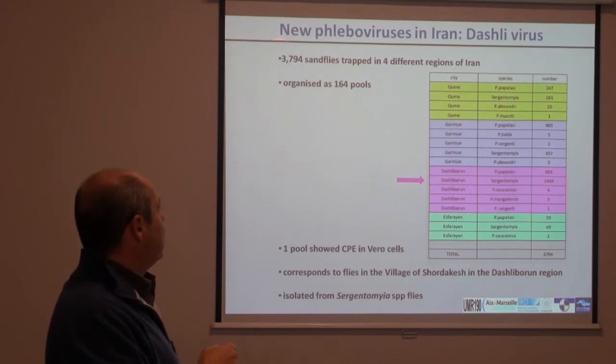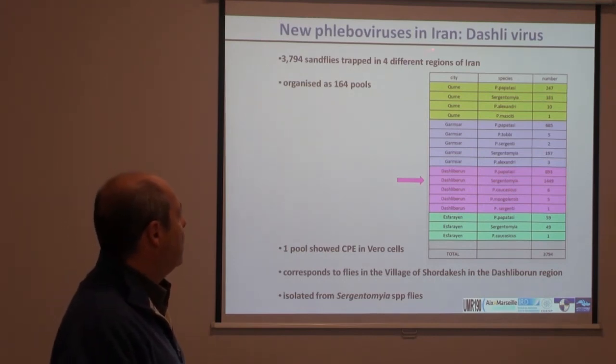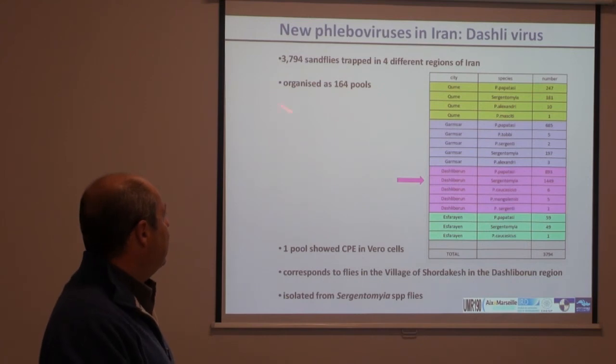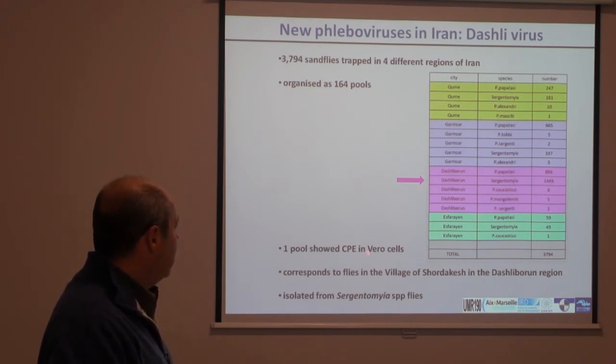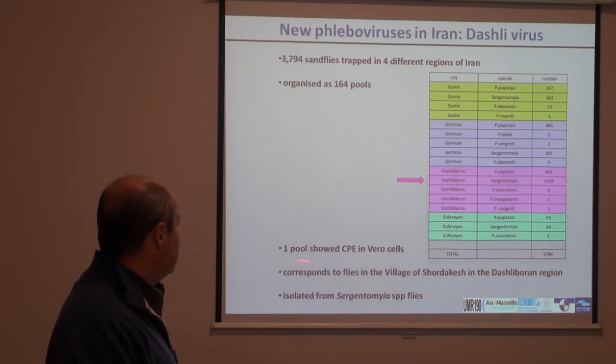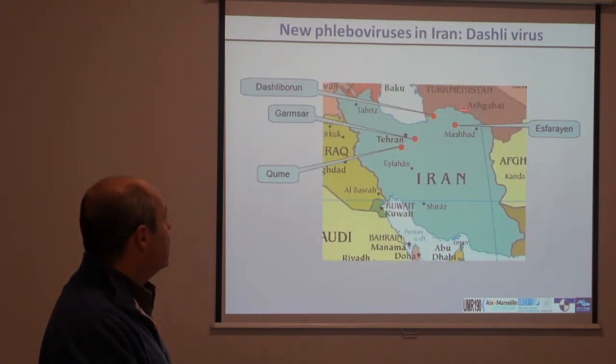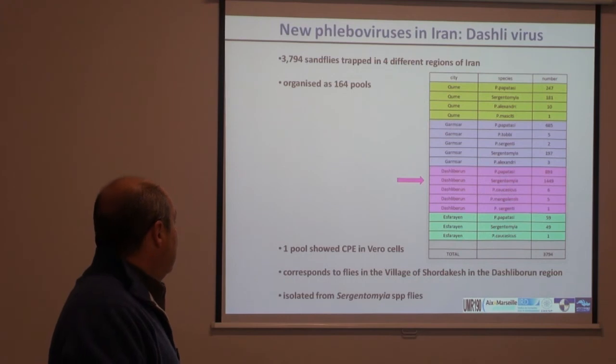The total is almost 4,000 sandflies trapped in 4 different regions of Iran, organized as 164 pools. What we found is one pool that provided cytopathic effect in cells, and this pool corresponded to flies trapped in the village of Shogakesh in the Dashli-Boron region, which is here, very close to the frontier of Turkmenistan.